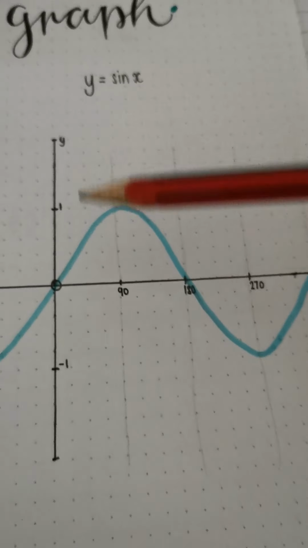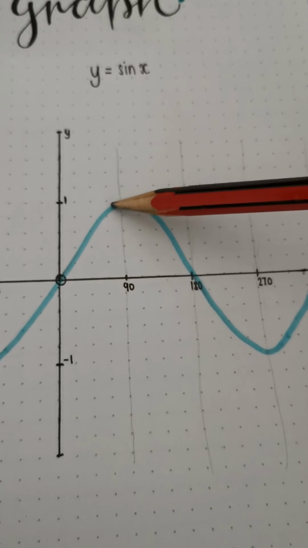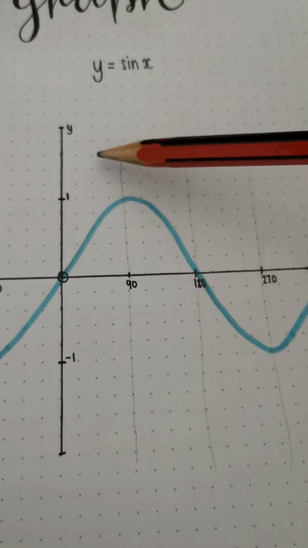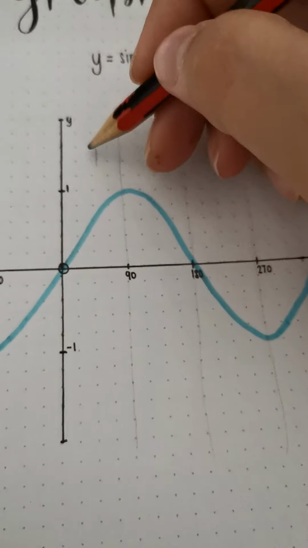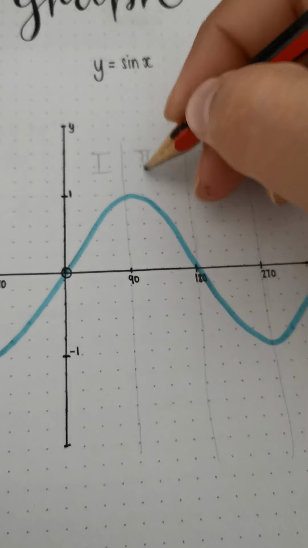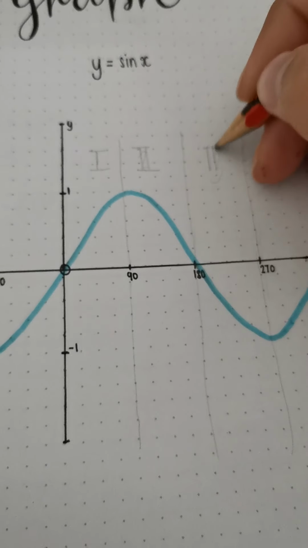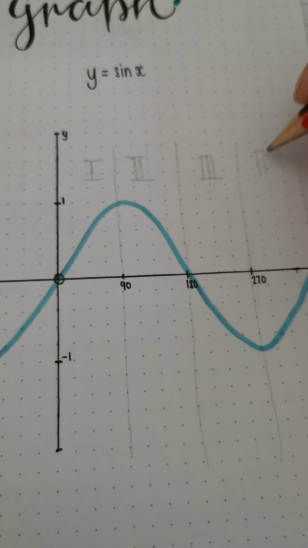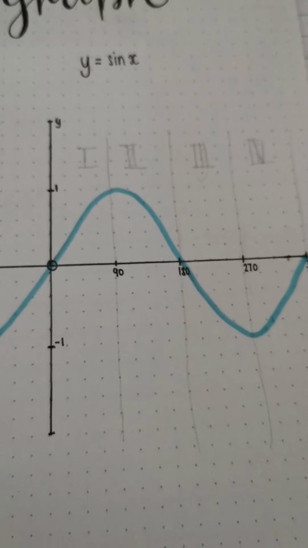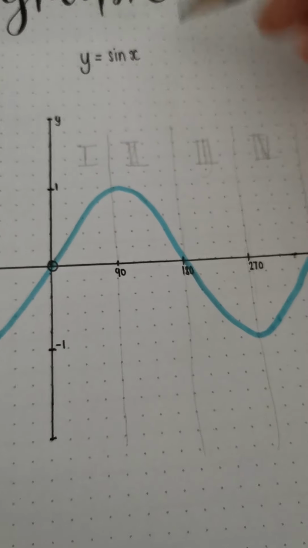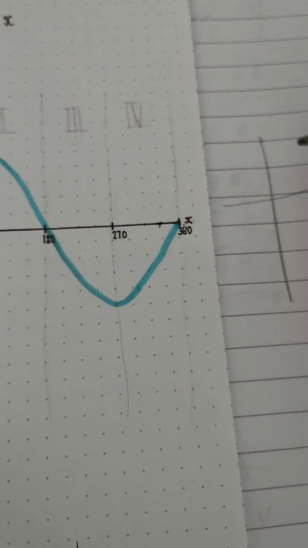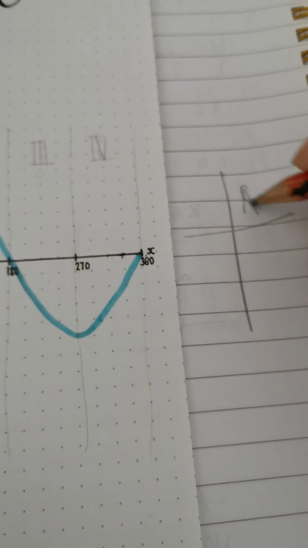Please notice really quickly, this here is positive in this first quadrant. So this is quadrant 1, quadrant 2, quadrant 3. Wait, let's write it as Roman numerals. Quadrant 1, 2, 3, 4, right? See in the first quadrant how it's positive, and that corresponds to our CAST diagram, which says in the first quadrant our sign is positive.